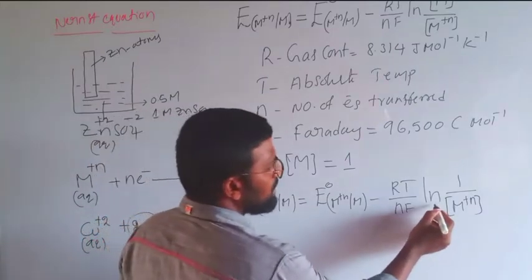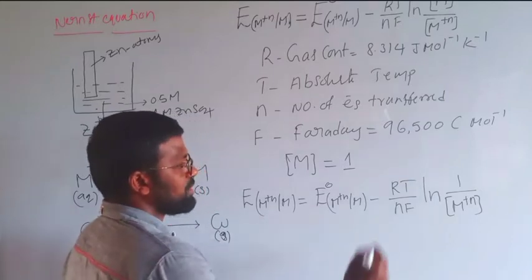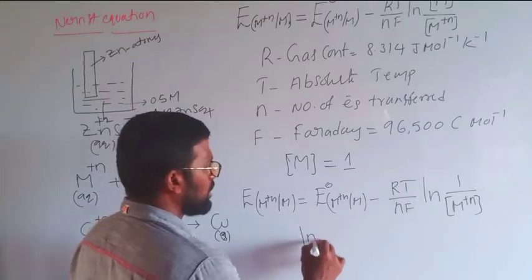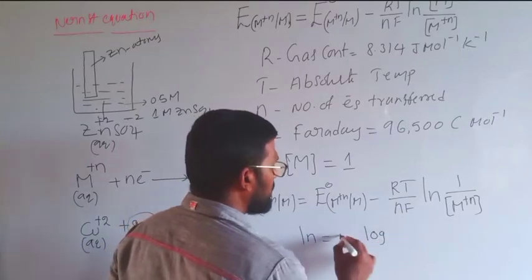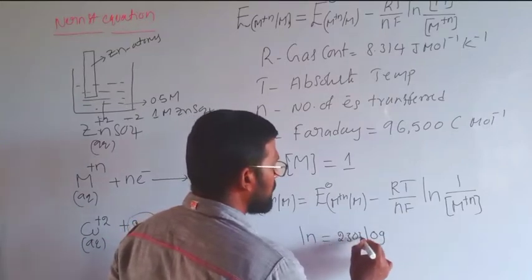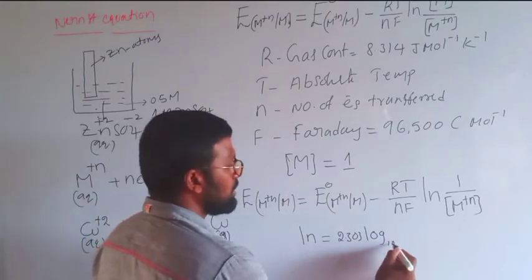Here ln means natural logarithm. Natural logarithm can be converted to logarithm to the base 10 by multiplying with 2.303. ln is equal to 2.303 log to the base 10.